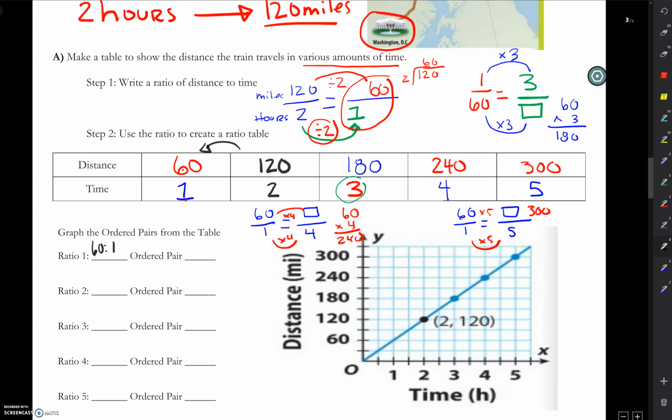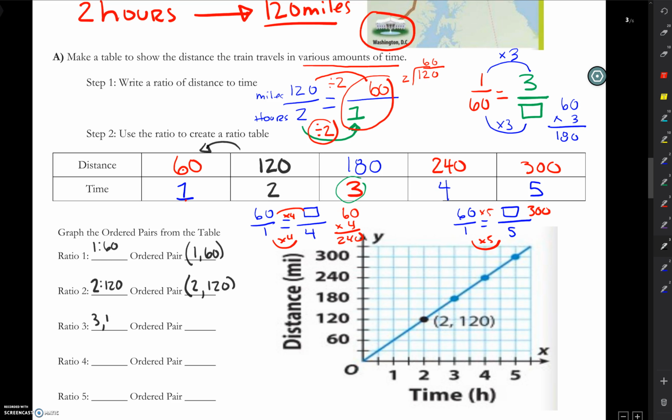So my ratios would be 60 to 1, 120 to 2. And my ordered pair would be, let me go backwards, because we always want to start with a smaller number first. So it would be 1 to 60, which my ordered pair would be 1 over 60. It would be 2 to 120, which my ordered pair would be 2 to 120.